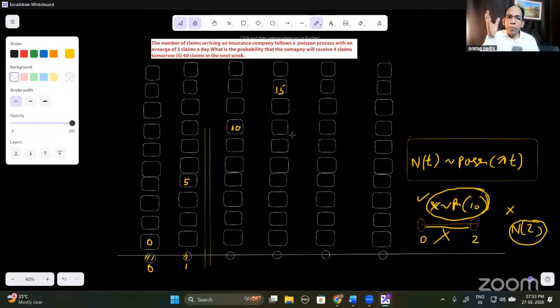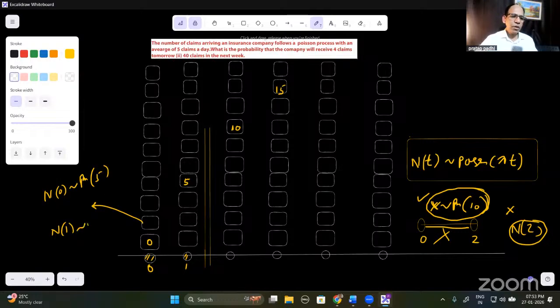Okay, so if you fix, not necessarily the diagram because it's continuous time, you fix here, this is a Poisson distribution, N(0). What about N(1)? N(1) is a Poisson distribution. What is its distribution? Poisson 5.